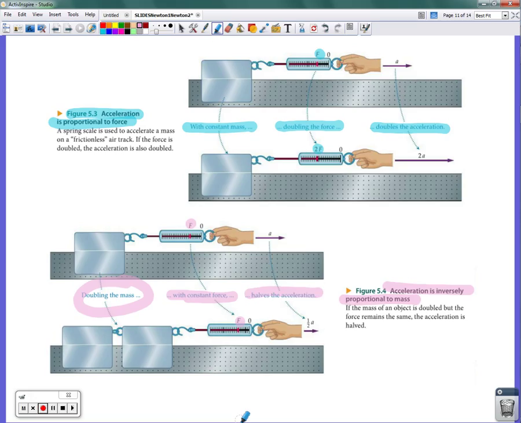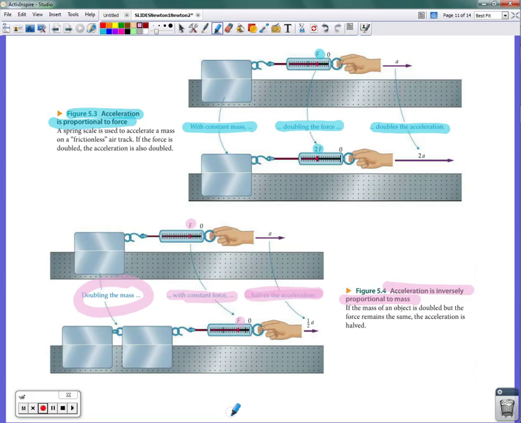Let's say you're pulling a little kid in a wagon, and you're moving along at whatever clip. If another kid jumps in the wagon, guess what? You're going to go slower. But it's not just that you're going to go slower, that acceleration is going to be less.